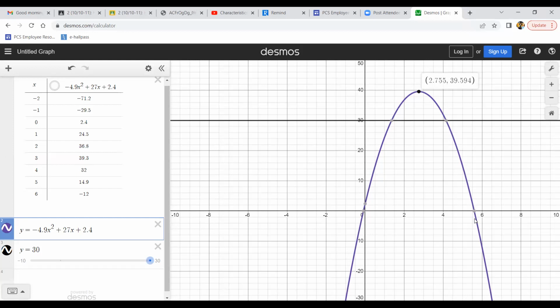Wait, be careful, because -12 would be under the ground, right? So we want it to hit the ground. What would the ground be? The 0. It'd be the x-axis exactly. Yes, it'd be the x-intercept, 5.598, 0. So the water balloon would burst as it hits the ground.